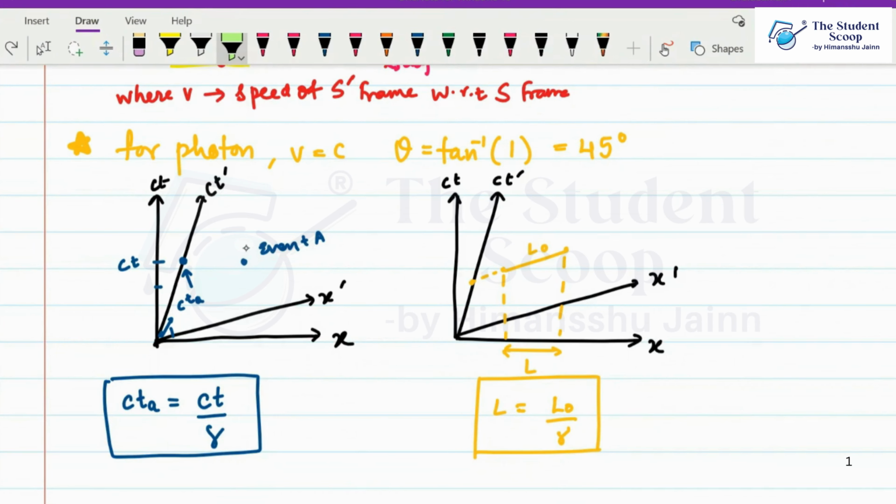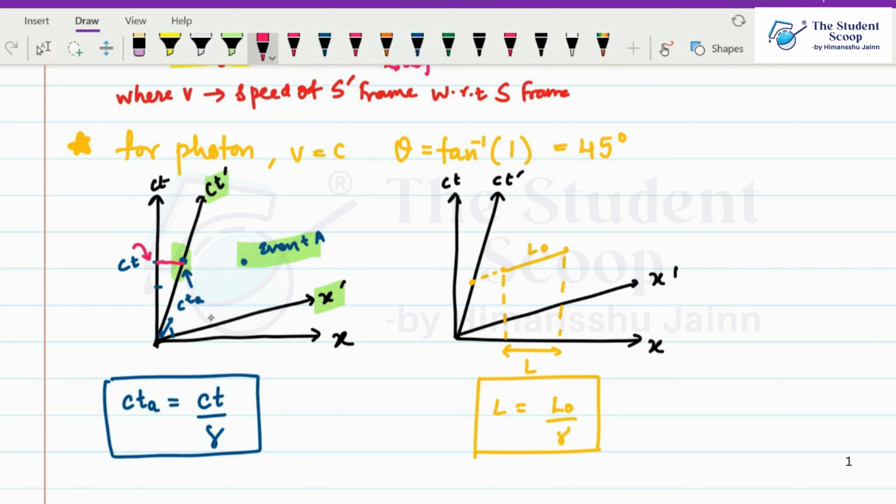If I have an event and I want to calculate something at this point, usually the CT dash axis and X axis are not clearly scaled so that we can get a particular measurement from the axis. So if I want some measurement on this axis, I will draw a corresponding horizontal line and see what the measurement is on this axis.